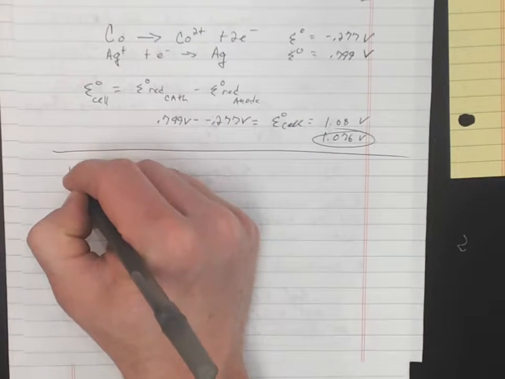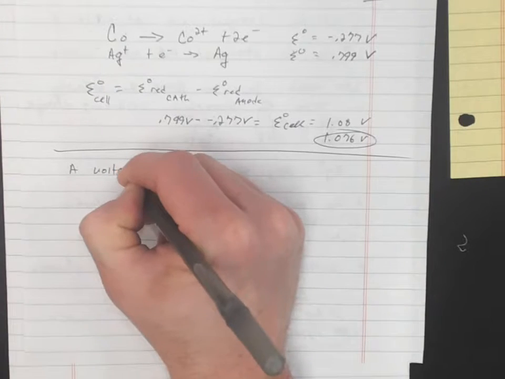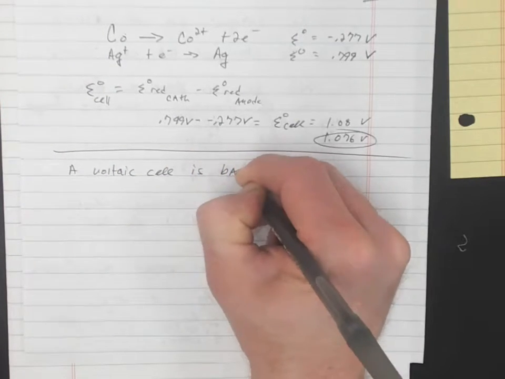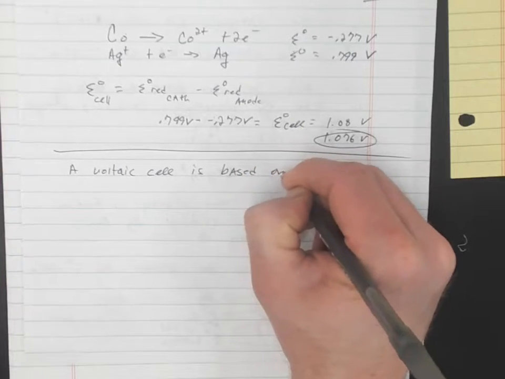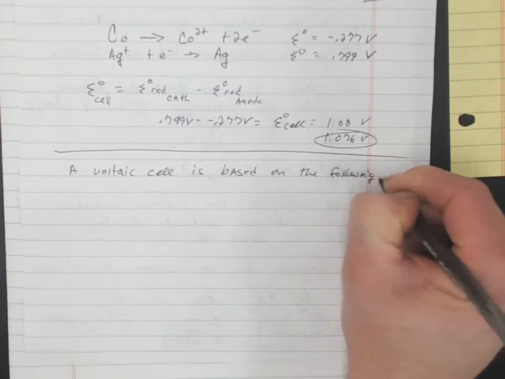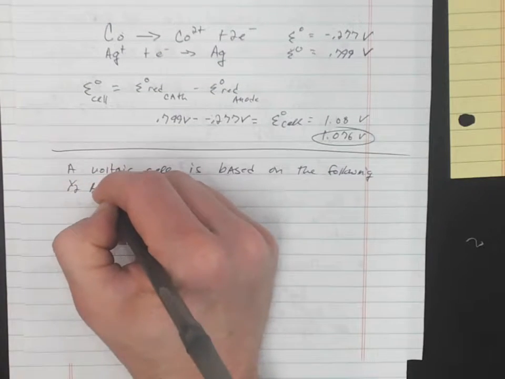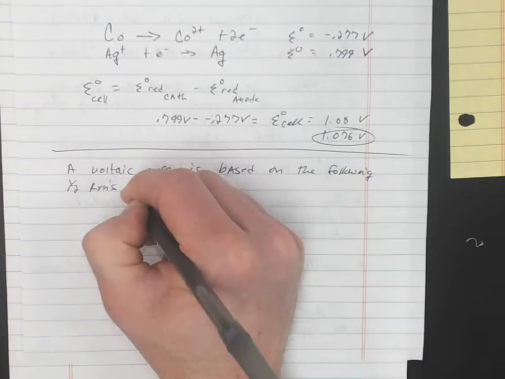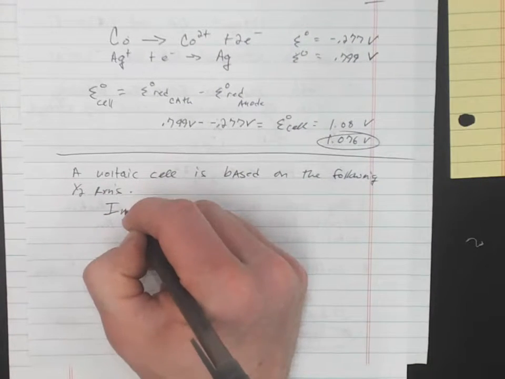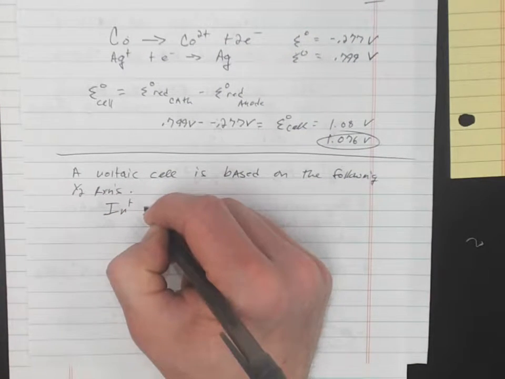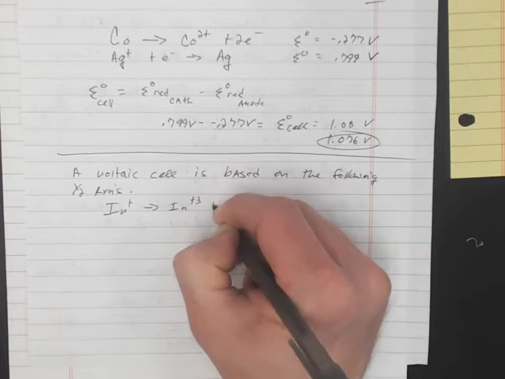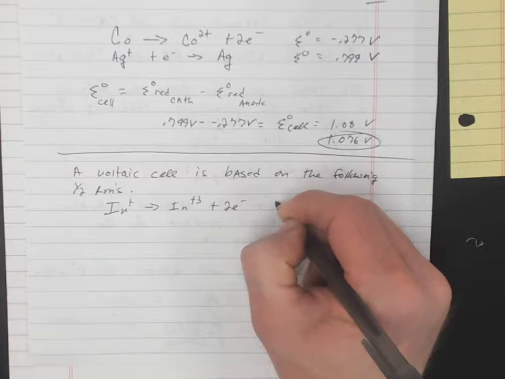Let's just say here that a voltaic cell is based on the following half reactions. And the first one is Fe yields Fe plus 3 plus 2 electrons.